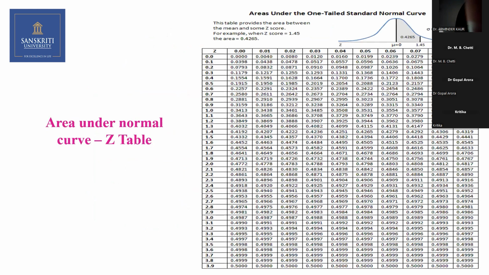Now I would like to show you the normal curve. This is a Z table. I do not know how many of you have seen this table. Actually, we are converting any variable into a standard normal variable, because otherwise to calculate the probability, we need to integrate. That is very, very complex.